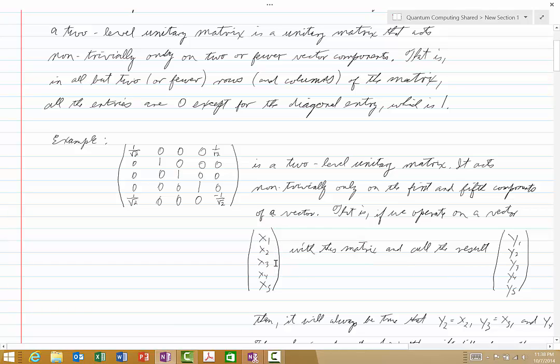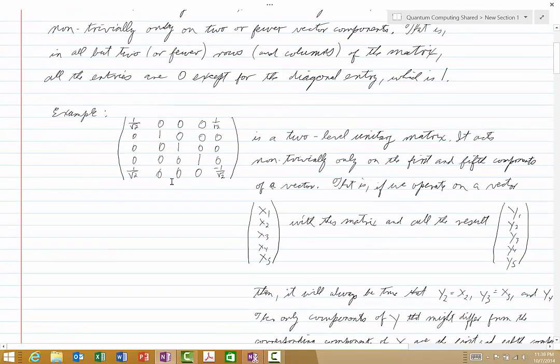Those three components will be unchanged. The only components of the y vector that might be different from the corresponding components of the x vector are y1 and x1, and y5 and x5. But x2, x3, and x4 would be equal to y2, y3, and y4, respectively. So that's what we mean by acting trivially or non-trivially, and this is an example of a two-level unitary matrix.